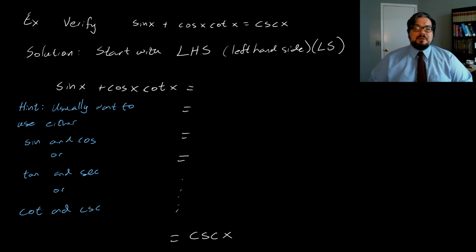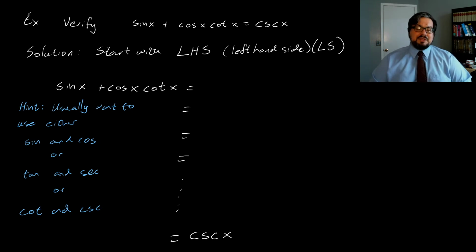So the first step in our problem, if our expression involves more than two different trigonometric functions, is to express everything in terms of one of these pairs of functions: either sine and cosine, or tangent and secant, or cotangent and cosecant.